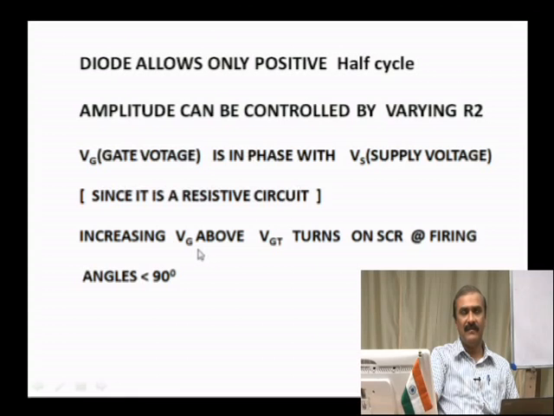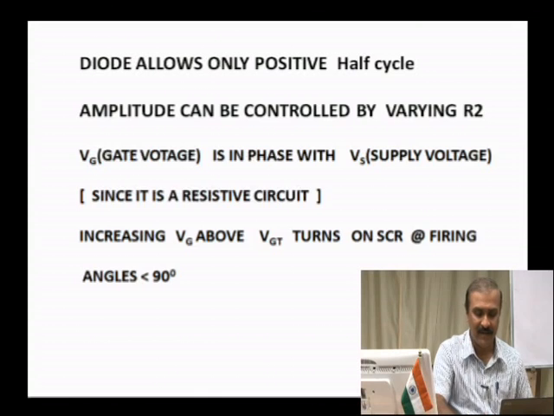So, increasing Vg above Vgt, the gate turn on voltage, turns on the SCR at a firing angle less than 90 degree. Why only 90 degree? This you have to understand properly, because it is an R firing circuit, and the feature of this R firing circuit is that it fires the SCR only up to 90 degree. The maximum firing angle is only 90 degree.